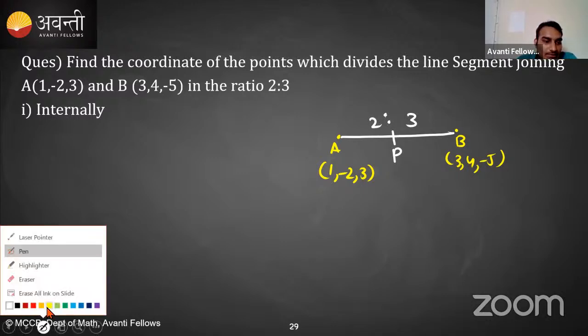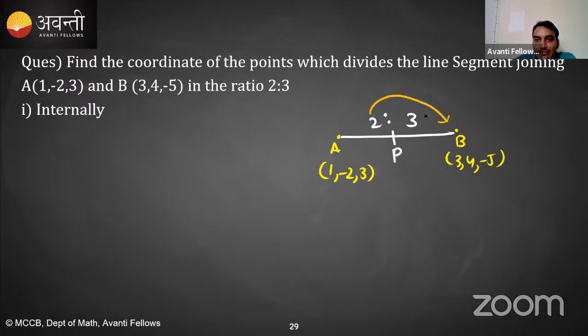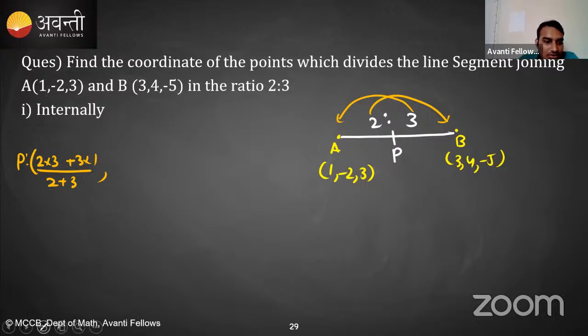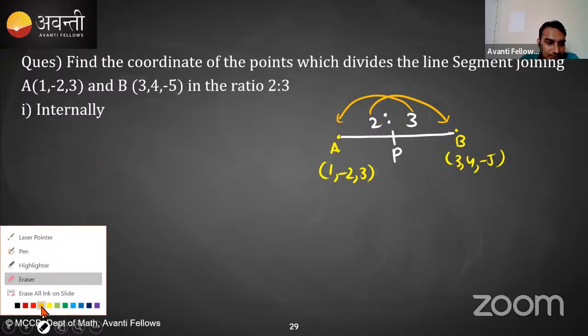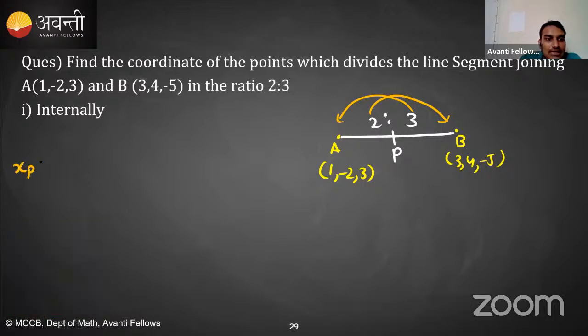Then how do you find it? Simply apply the formula. 2 will multiply with B, and 3 will multiply with A. So the x coordinate of P is (2 into 3 plus 3 into 1) divided by (2 plus 3).